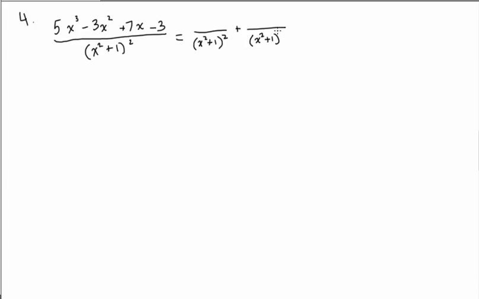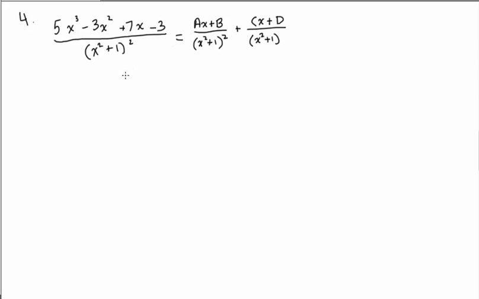Again, we need each of them. If it's x squared plus 1 to the 5th, we need to the 5th, to the 4th, to the 3rd, to the 2nd, to the 1st. And then above it, because they're quadratic, we need linear generals. So ax plus b plus cx plus d.